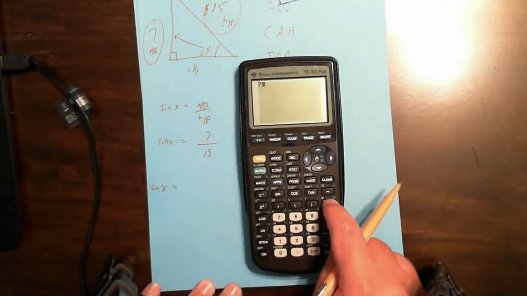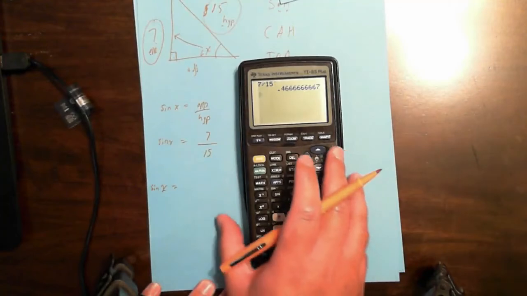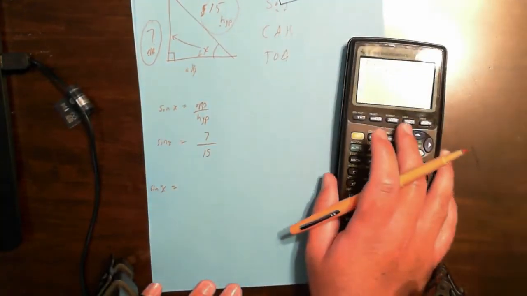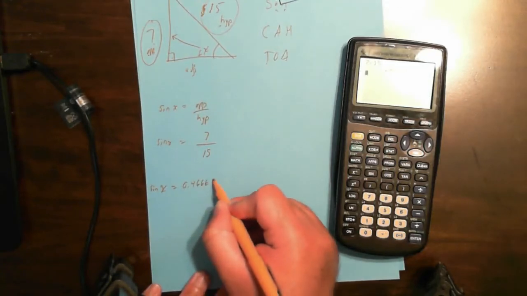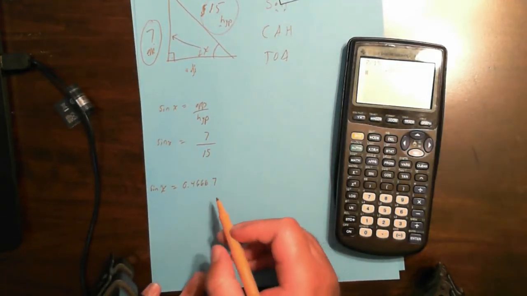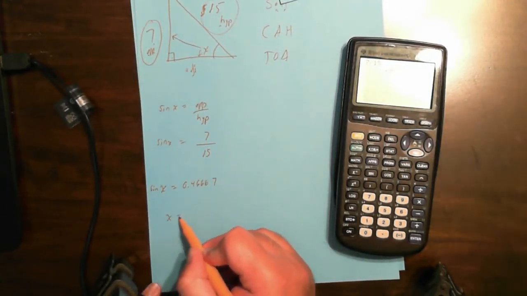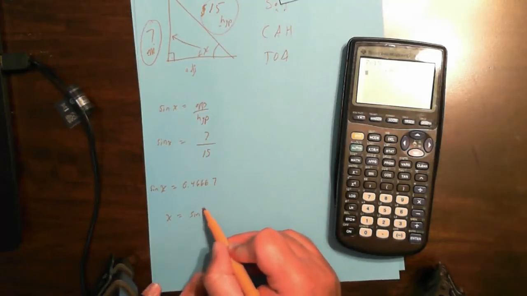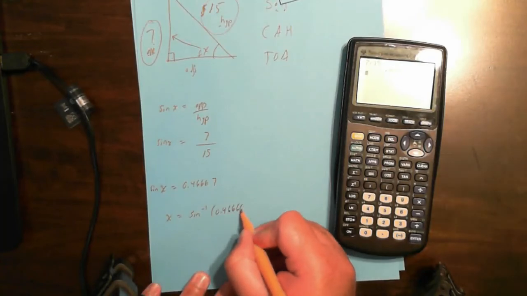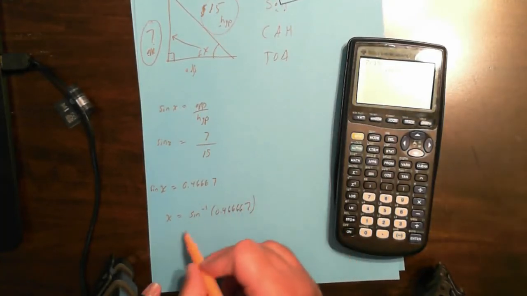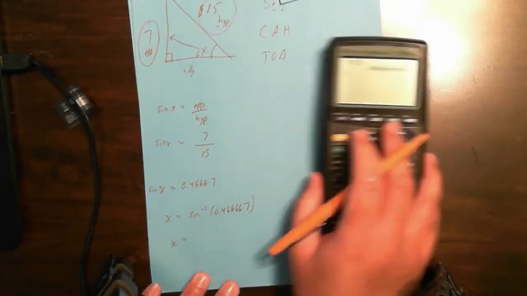It's approximately 0.46667, we'll say. So then, in this case, x will be, instead of the inverse tangent, the inverse sine of 0.46667.